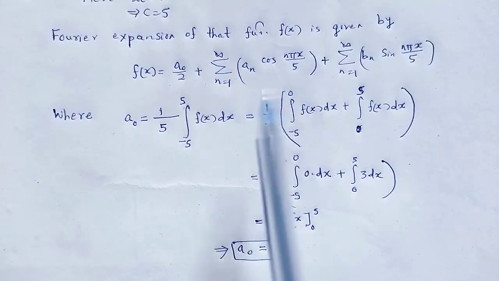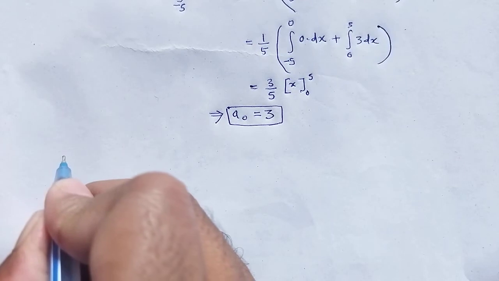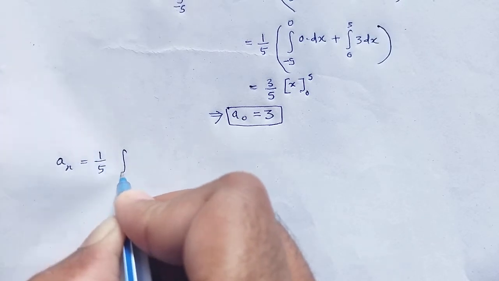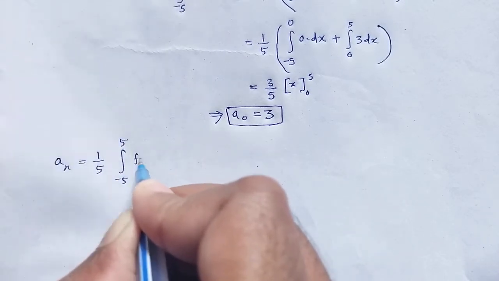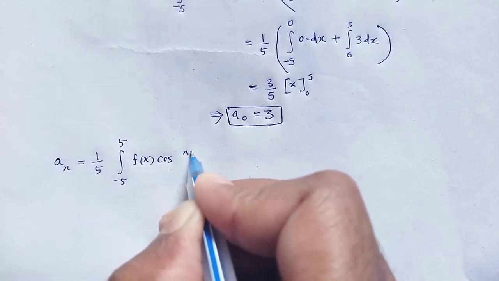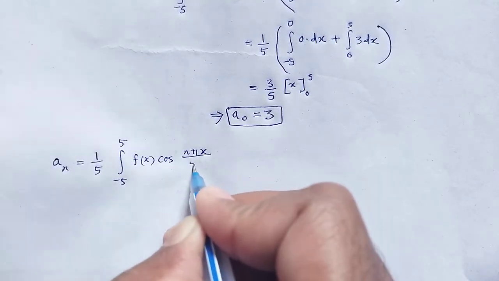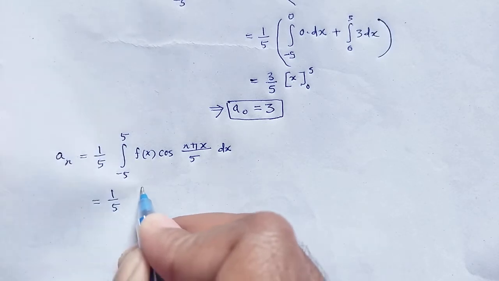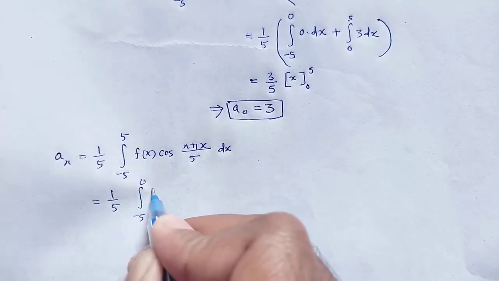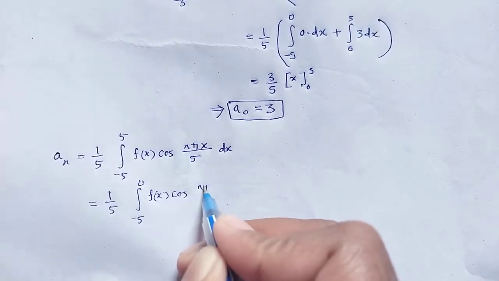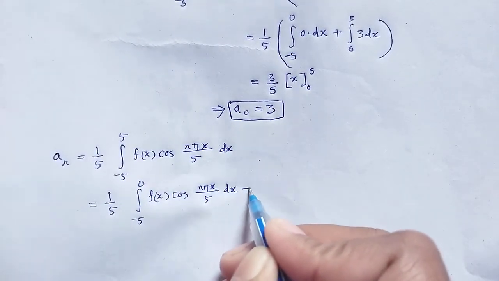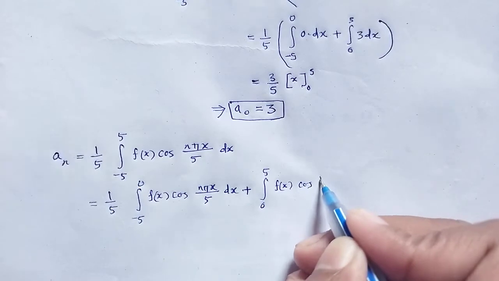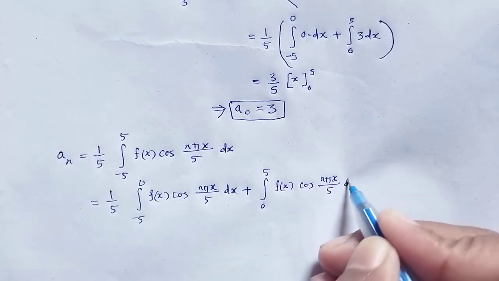Then we have to calculate an and bn. For an, it is equal to 1 by 5 integration from minus 5 to 5 f of x cos n pi x divided by 5 dx, which is equal to 1 by 5, minus 5 to 0 f of x cos n pi x by 5 dx plus 0 to 5 f of x cos n pi x by 5 dx.